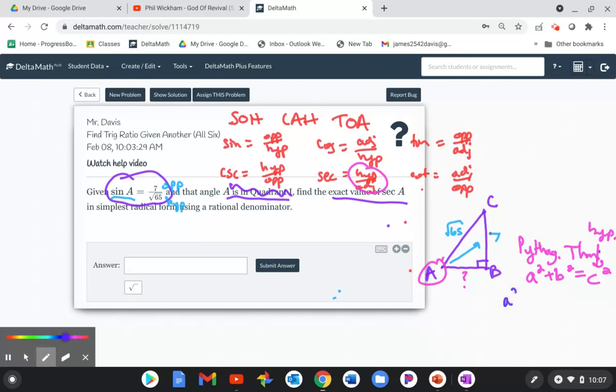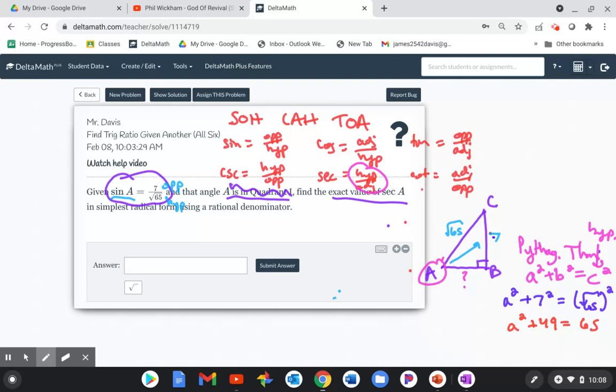So a squared plus, now the other leg is 7 squared, equals our c, which is radical 65 squared. And I put that in parentheses because when we square that radical, it's just going to make it go away. So we're going to solve here, and we get a squared plus 49 equals 65.